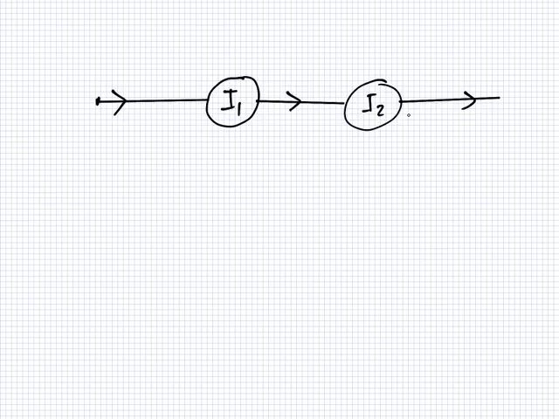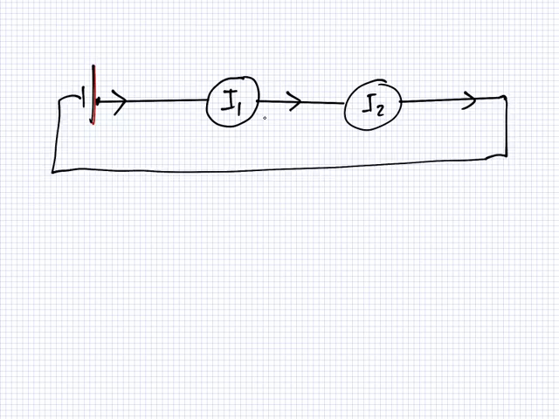If there were 2 cells, then it would be a battery? No, I didn't draw in any. If you prefer, I can put the cell here. If there was a cell at the start and a cell at the end, would that be called the battery? No, actually, they have to be grouped together.